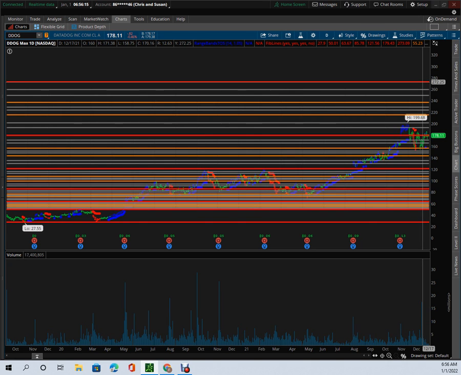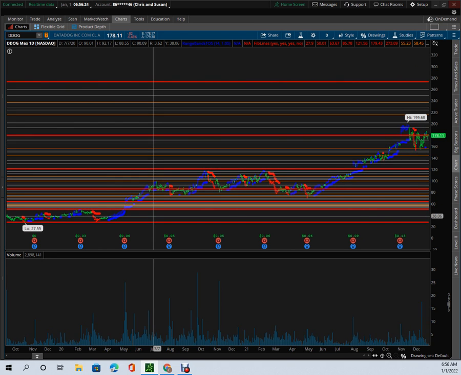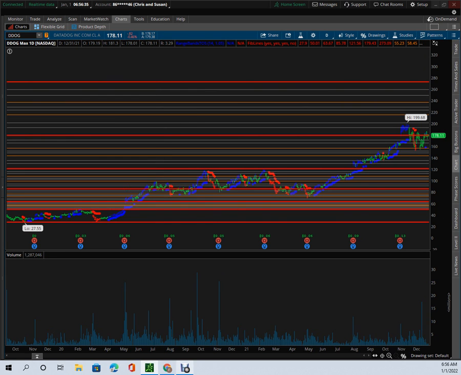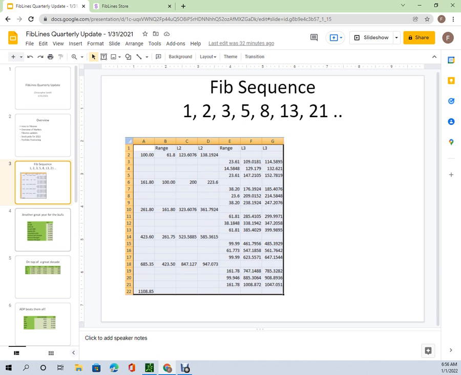So that's a couple things FibLines does for you. One, it gives you future areas of support and resistance, and two, it gives you a yardstick by which to examine the movements of prices. For example, once prices definitively breached this 423 line, their next move was up to the 686 line. So that's FibLines, and you can see the lines here, the 100, the 161, 261, 423, and then later I added the 686 and the 1108.